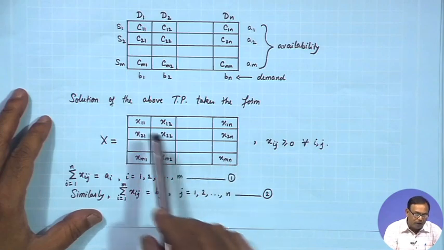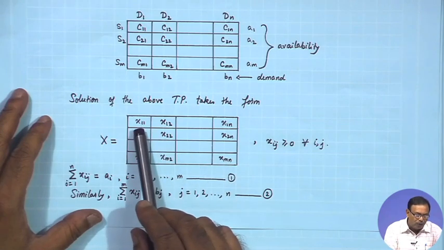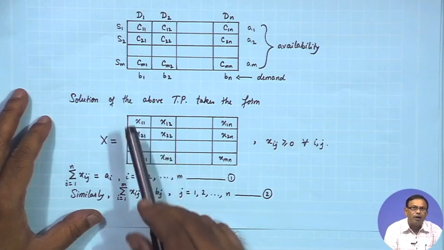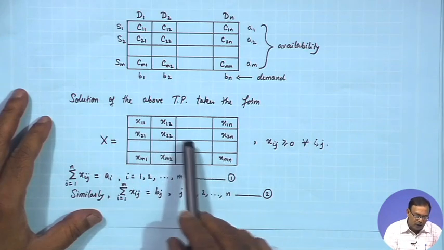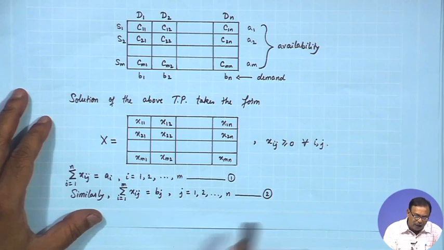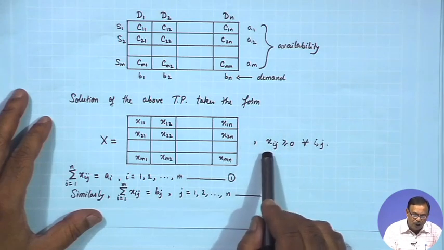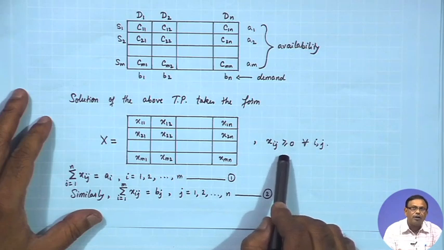So x 1 1 means from source 1 to destination 1 I am sending x 1 1 quantity. Similarly, x i j means I am sending x i j quantity from source i to destination j.